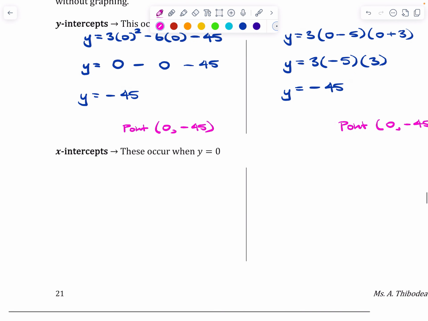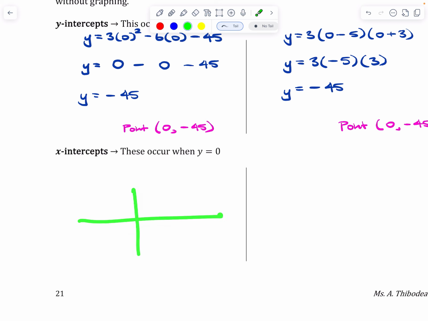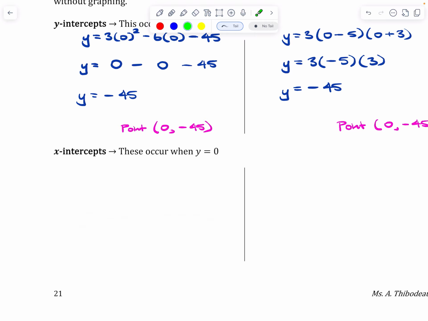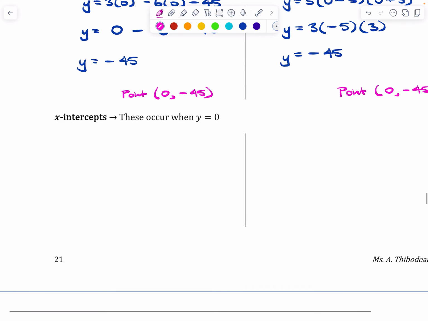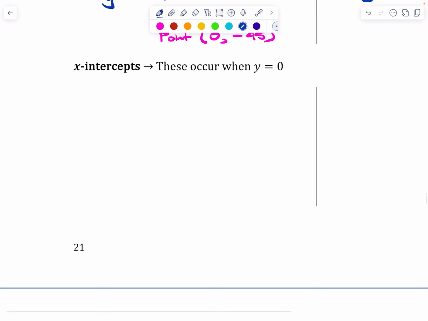An x-intercept. An x-intercept is wherever we're hitting the x-axis. If we're on the x-axis, then we haven't gone up, we haven't gone down, we're somewhere on here, which means that y has to be 0. We could try getting that from standard form. If we were to do that, we just write down the equation that we had, but replace y with 0.